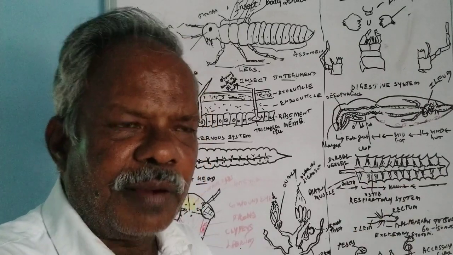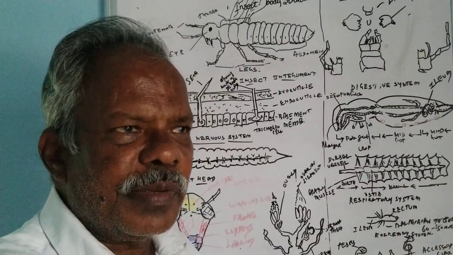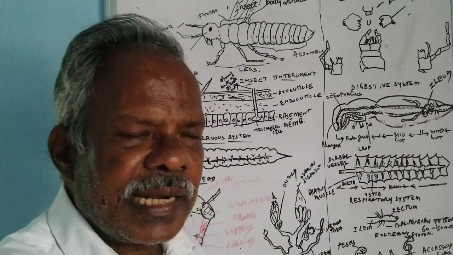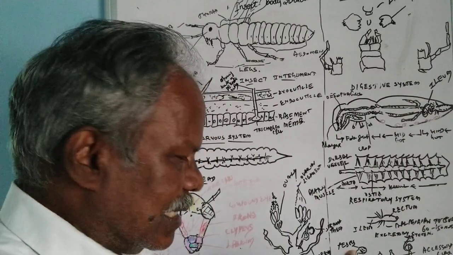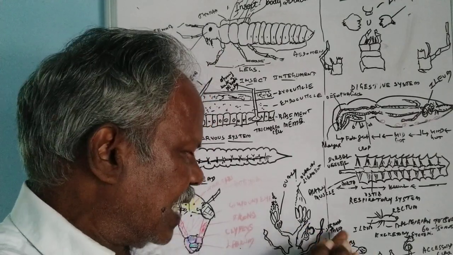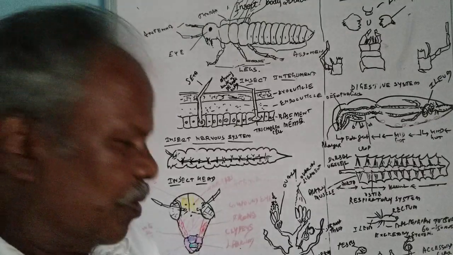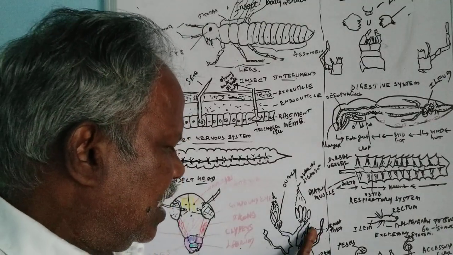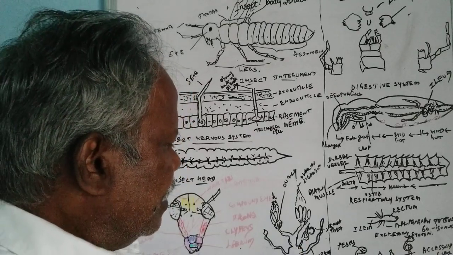A case will be formed, and inside the case there will be some 8 ova. The function of the accessory gland is to bind that ovum, and the spermatheca stores the sperm.